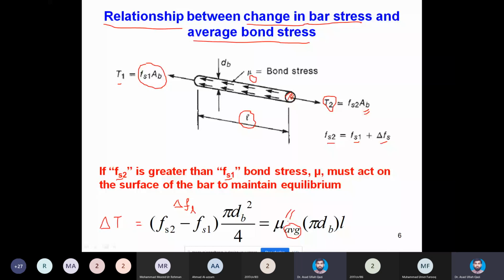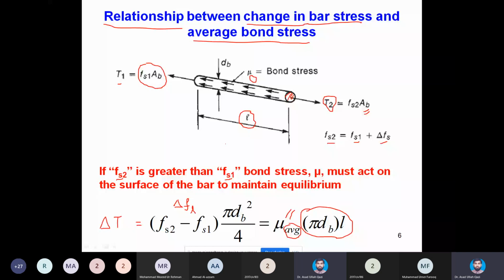Since this is stress, and we are saying this at the contact area, contact area into stress will give me the resisting force against the pull, which is delta T. So what is the contact area? Circumference into length L.